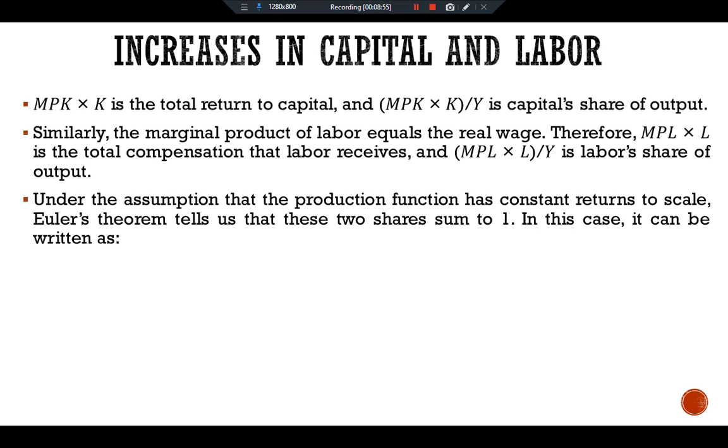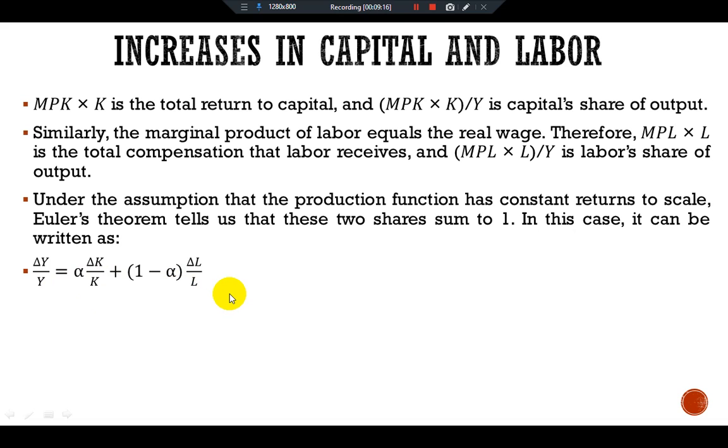In this case, it can be written as delta Y over Y is equal to alpha delta K over K plus 1 minus alpha delta L over L. Here, alpha is the capital share and 1 minus alpha is the labor share.